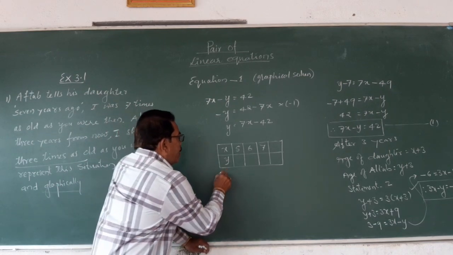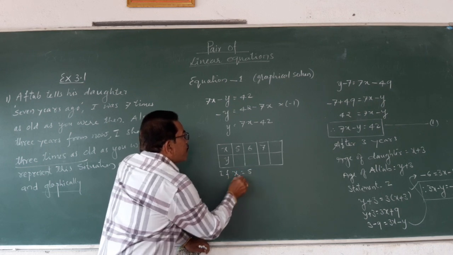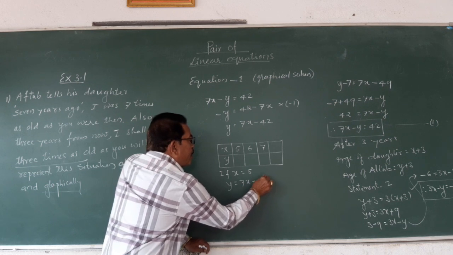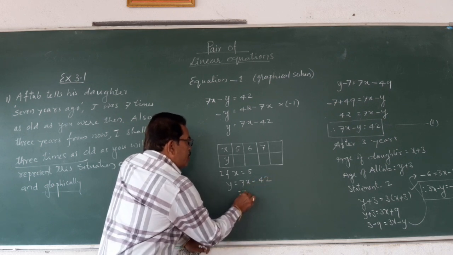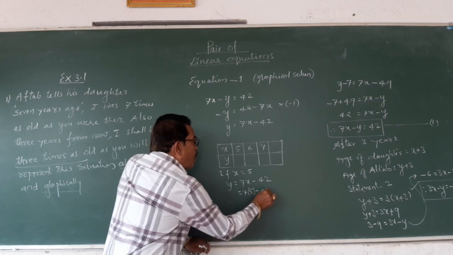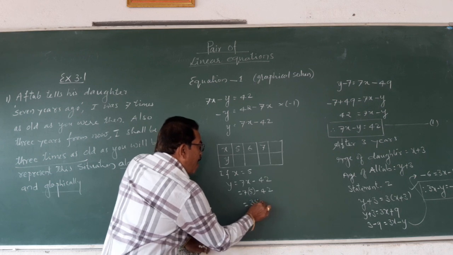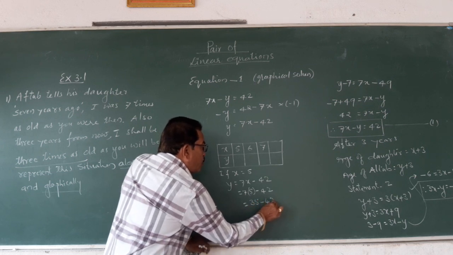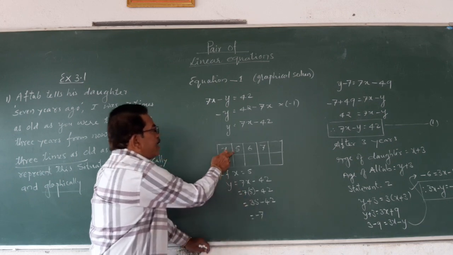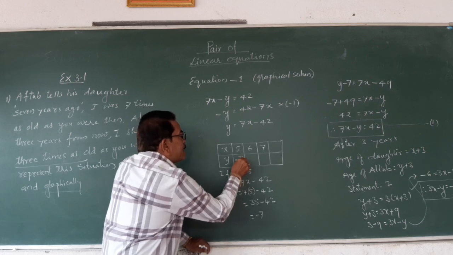So, if x equals 5, y equals 7x minus 42. So, 7 into 5 minus 42. 7 5s are 35 minus 42, which equals minus 7. So, if x equals 5, y equals minus 7.